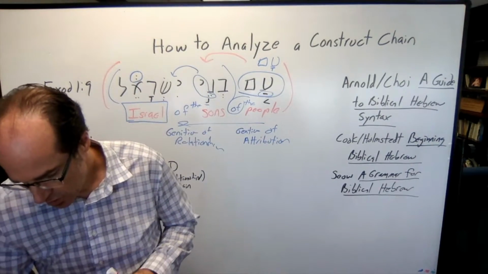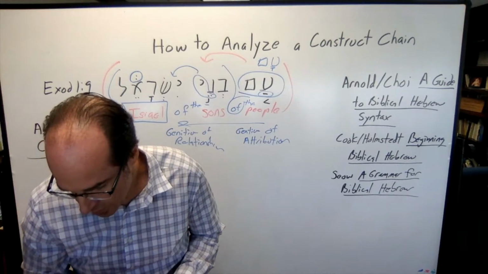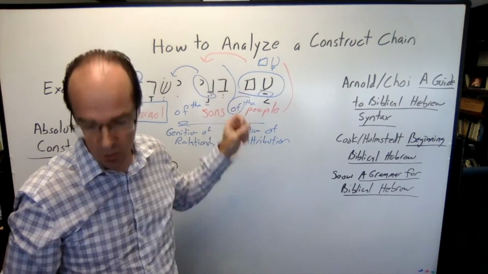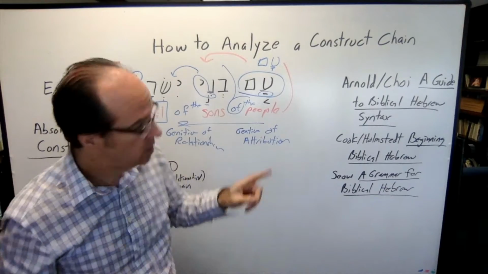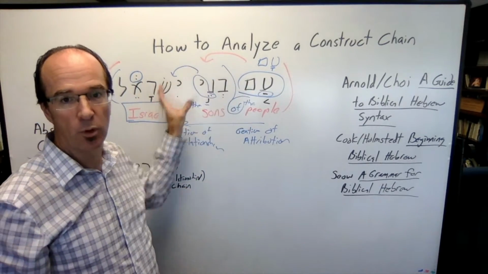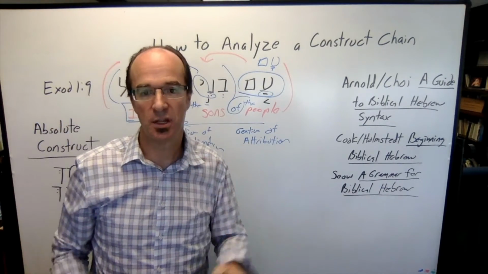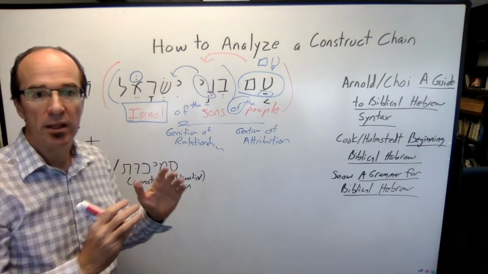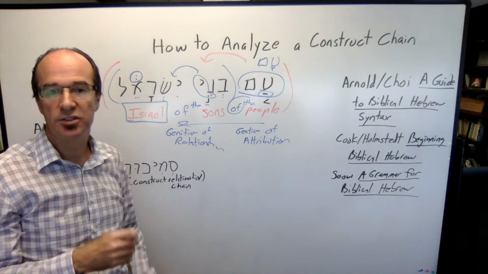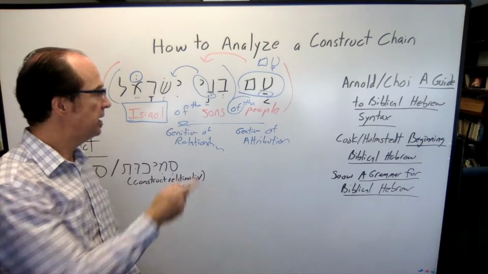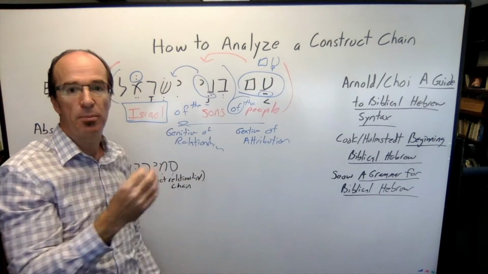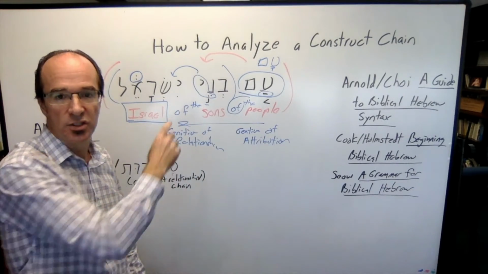In other words, the genitive of attribution gives a quality or attribute of people. So what people are we talking about? We're talking about the sons of Israel. Anyway, this is how you would analyze a construct chain. So we basically have an example of how to analyze two different constructs.